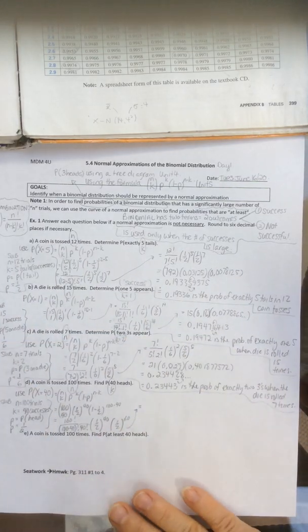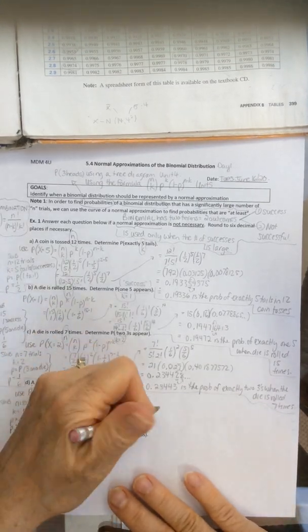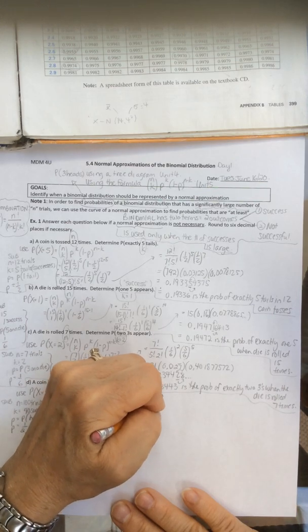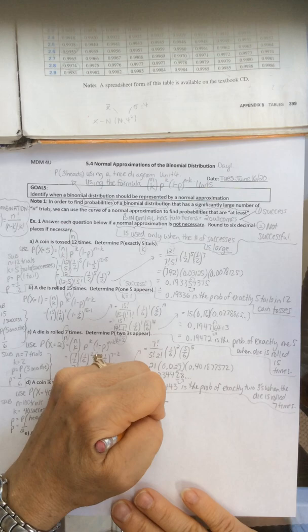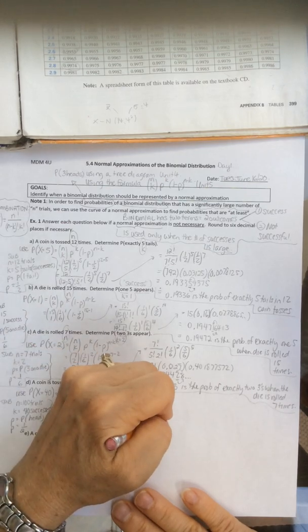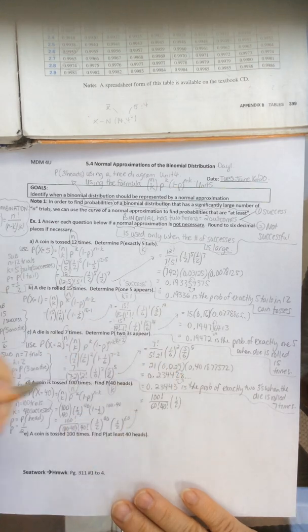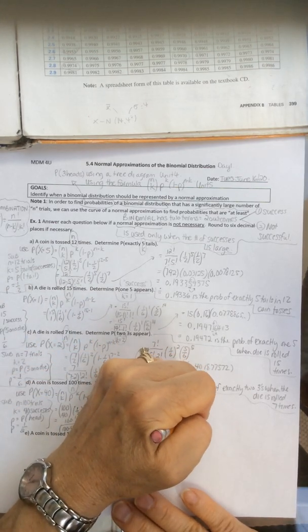All right, so what is our combination going to be? It's 100 factorial over 60 factorial times 40 factorial times 1/2 to the power of 40 times 1/2 to the power of 60.